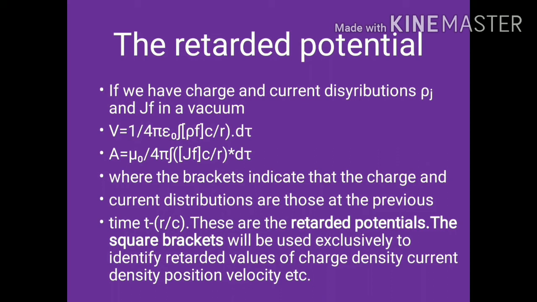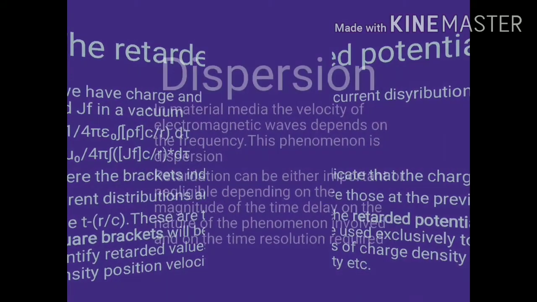A equals mu naught divided by 4 pi times the integral of the bracketed JF divided by r d tau, where the brackets indicate that the charge and current distributions are those at the previous time t minus r divided by c. These are the retarded potentials. The square brackets will be used exclusively to identify retarded values of charge density, current density, positions, velocity, etc.